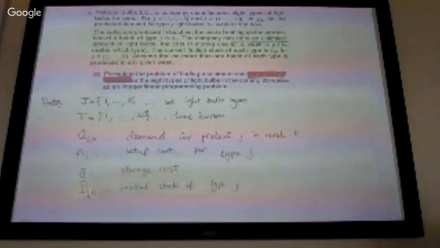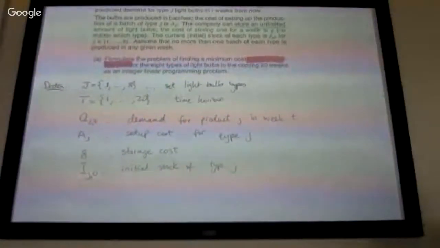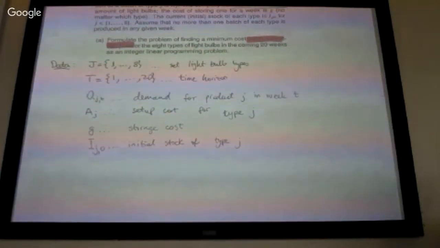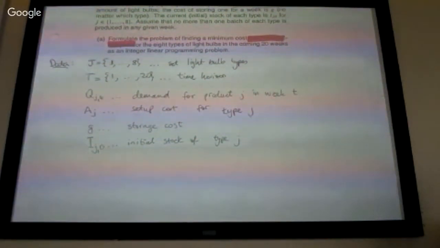I_J0. No more than one batch of each type is produced in any given week. Yeah, so okay, that's good. I mean, it just says it.